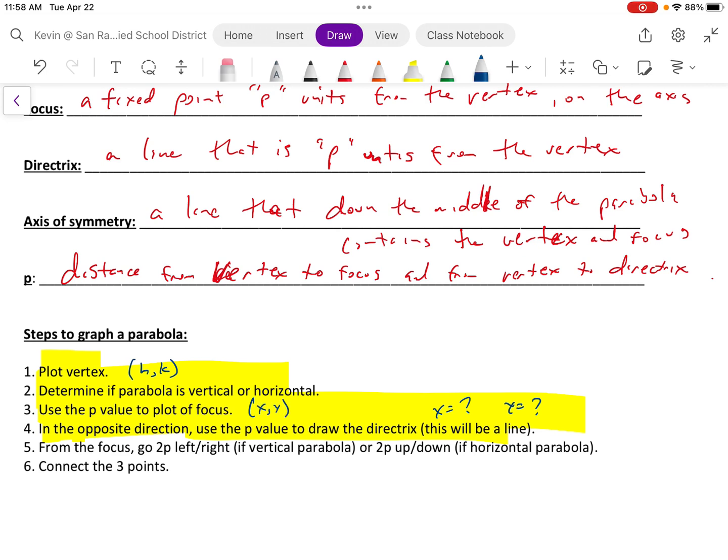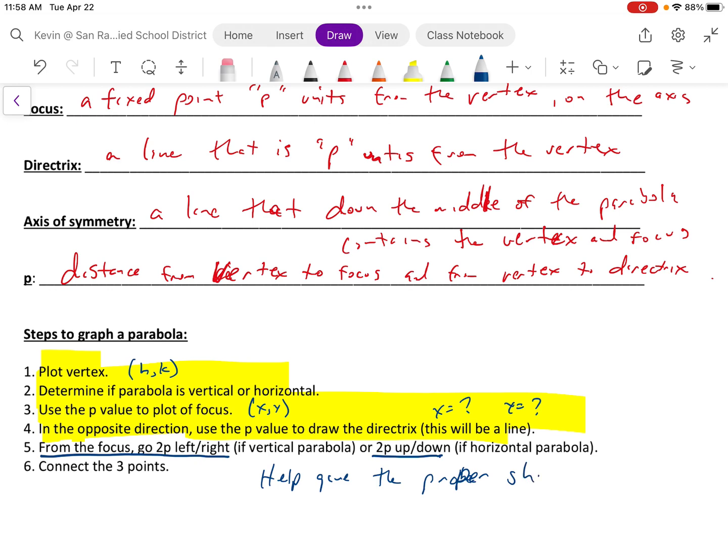The vertex is h and k. It's a point. Same thing with the focus. The focus should be a point, an x and y value. This is kind of a key thing. We'll see this in a minute. From the focus, you're going to go 2p left or right, or 2p up and down.